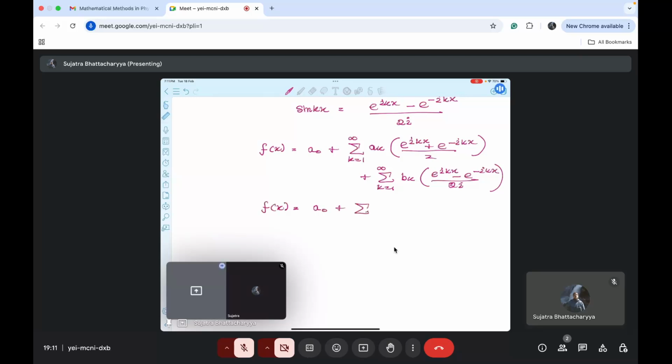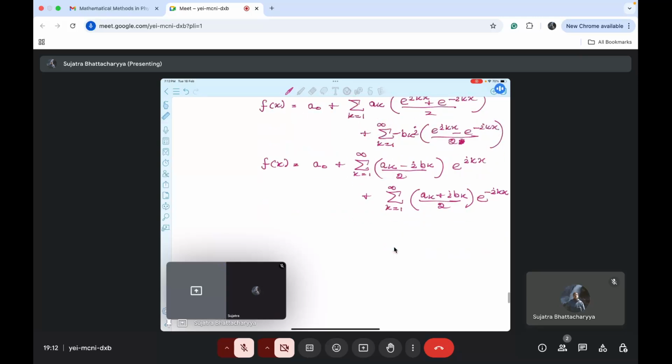So simply, summation k is equal to 1 to infinity of ak minus iota bk divided by 2 times e to the power iota kx, plus summation k is equal to 1 to infinity again of ak plus iota bk by 2 times e to the power minus iota kx.